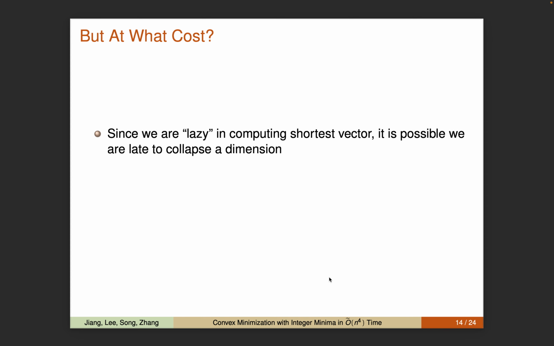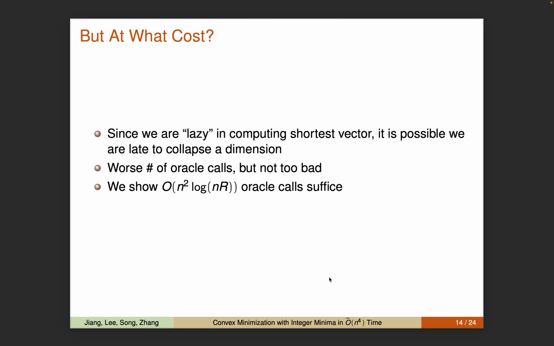Since we are lazy in computing the shortest vector, it is possible that when we need to project the problem onto a smaller dimension, we miss this opportunity because we are still working on the cutting plane method. This comes at the cost of a worse oracle cost. But we will show that this is not too bad, and actually n squared times log n oracle cost suffices.